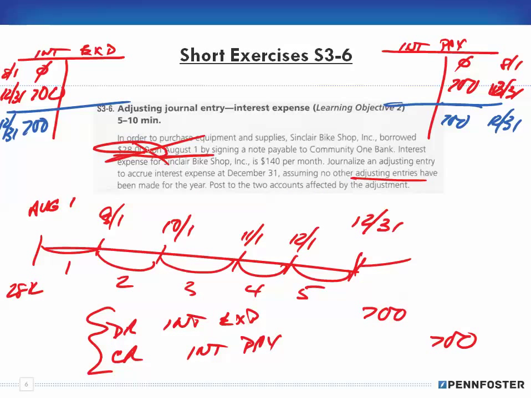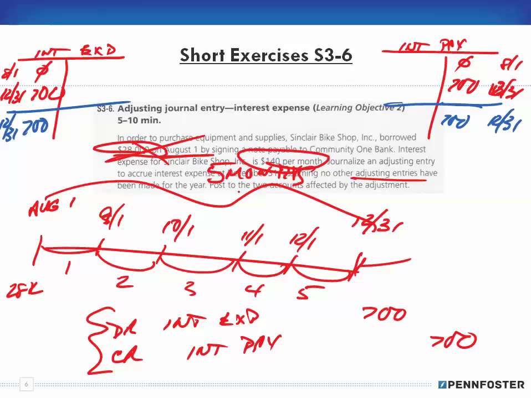We didn't pay down anything on this note payable. All we're doing is figuring out how much interest has accumulated or accrued during that period of time, and we had to figure out that period of time being 5 months at $140 a month.